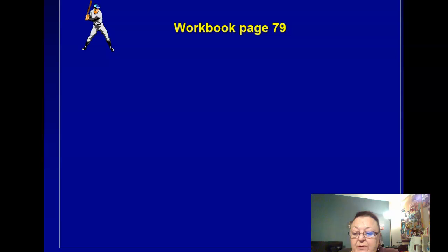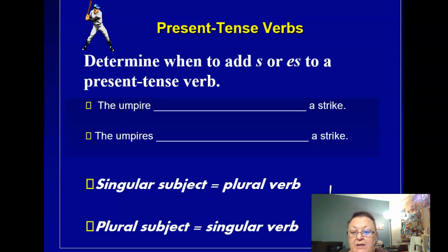Is Centerville Tigers plural or singular? Think back over here. Singular subjects need a plural verb. Plural subject needs a singular verb. So Tigers has an S at the end. That means it is a plural subject.